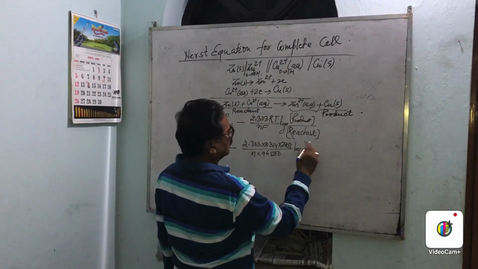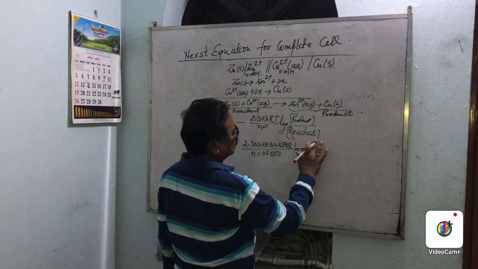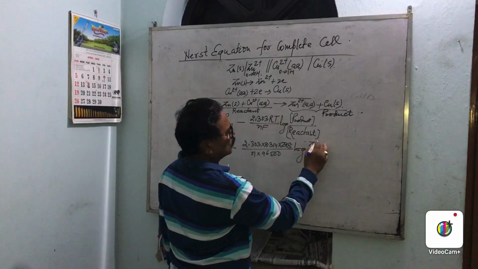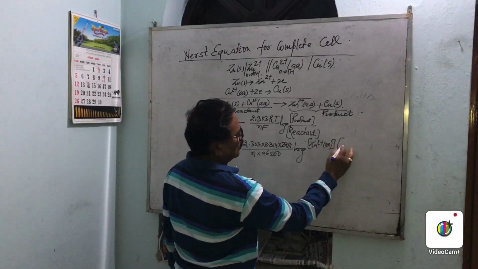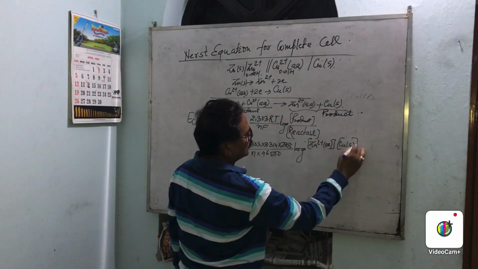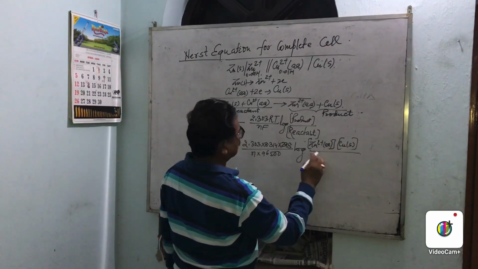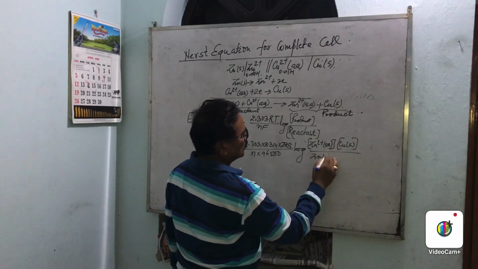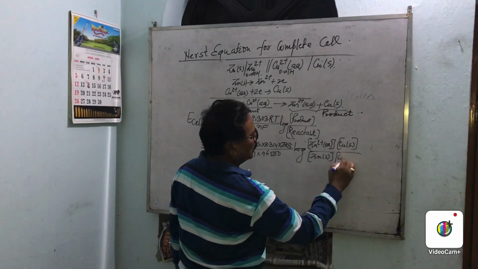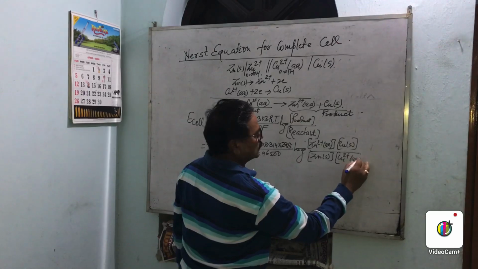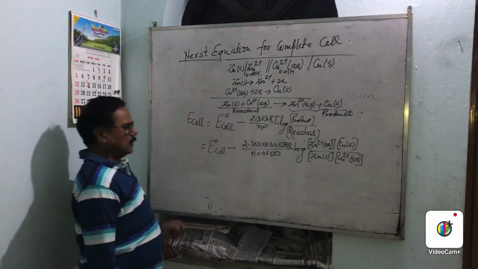So we can write here log product by reactant. What is in the product? Zinc 2 plus aqueous, and this is copper solid, and this one is written zinc solid, and this one is written as copper 2 plus aqueous. This is written like this.